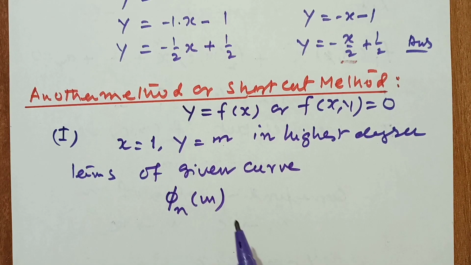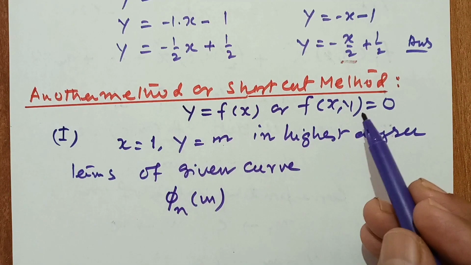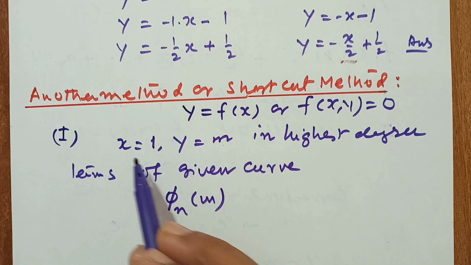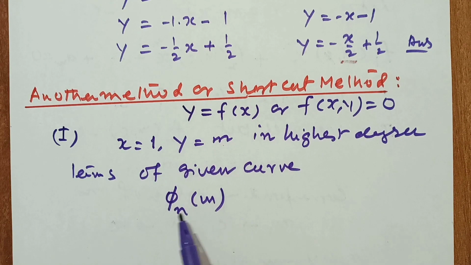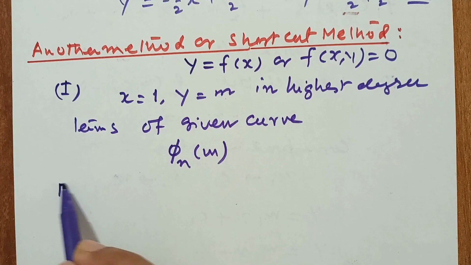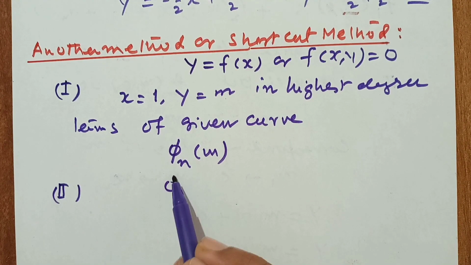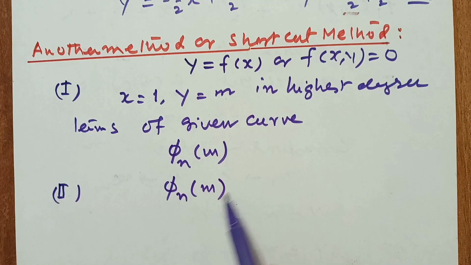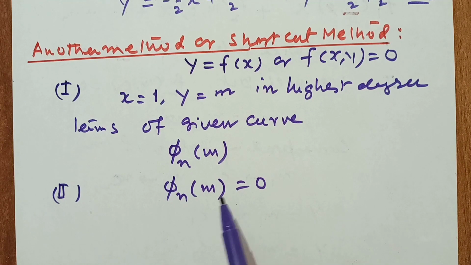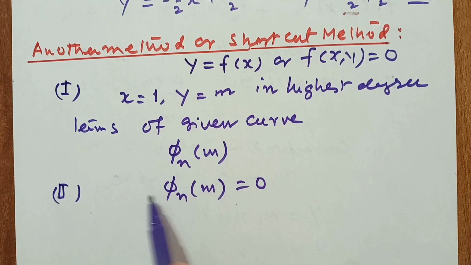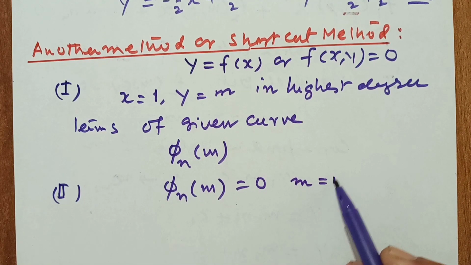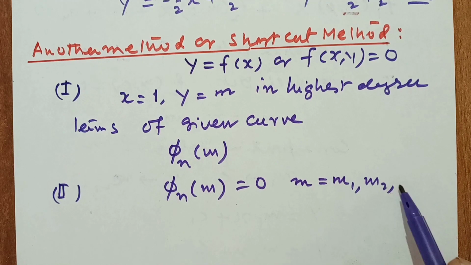What is phi n m? It is the highest degree term of the given curve by putting x is equal to 1 and y is equal to m. So this is called phi n m. And the second step, we put phi n m is equal to 0. So this is an equation in terms of m, and we calculate the values of m, suppose m1, m2, and so on.